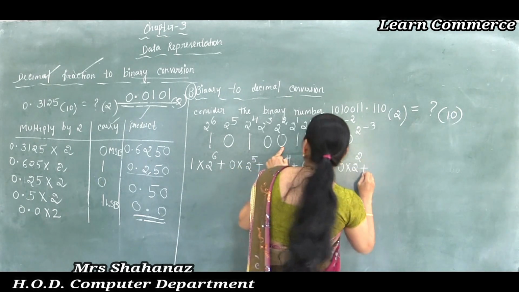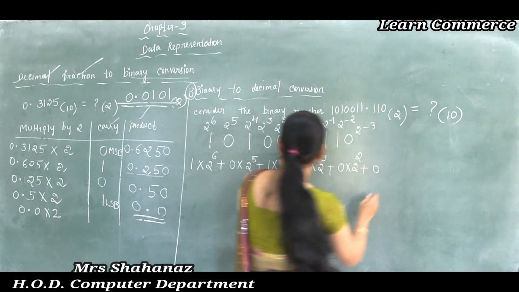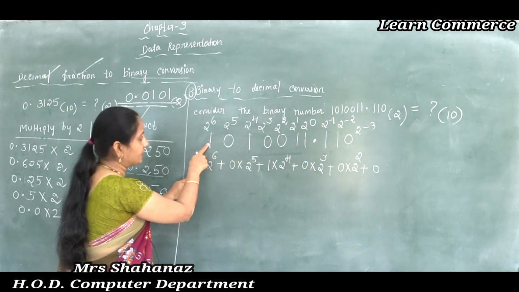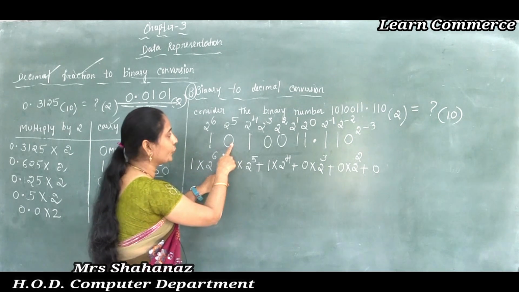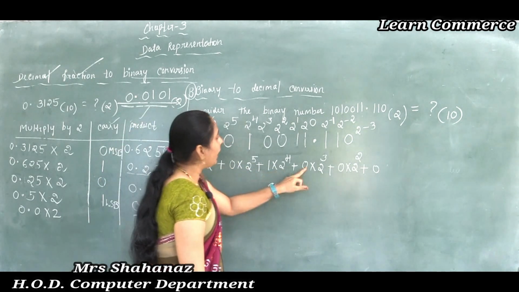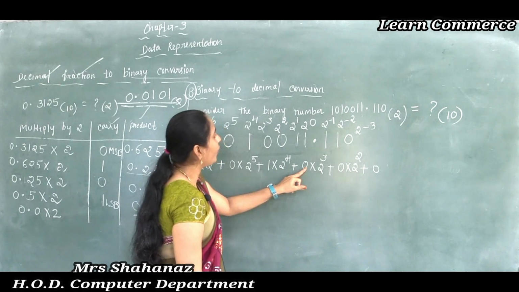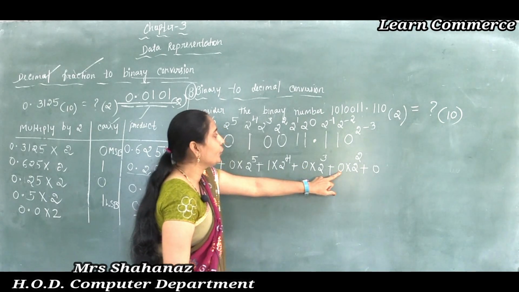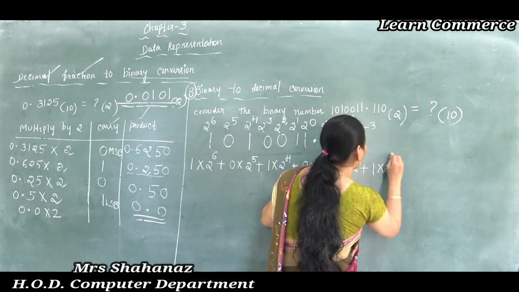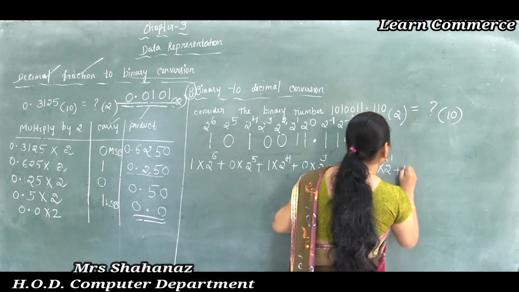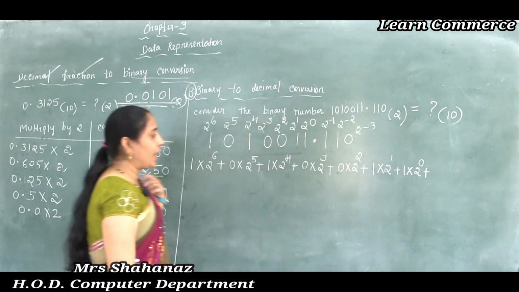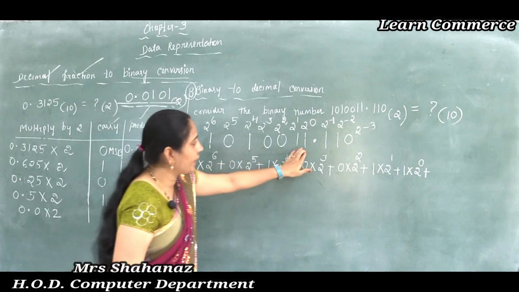So 1 into 2 to the power of 6, 0 into 2 to the power of 5, later next one 1 into 2 to the power of 4, and later 0 into 2 to the power of 3, 0 into 2 to the power of 2, and later next one 1 into 2 to the power of 1 plus 1 into 2 to the power of 0. Correct? So that means we completed the positive number part up to the fractional point.